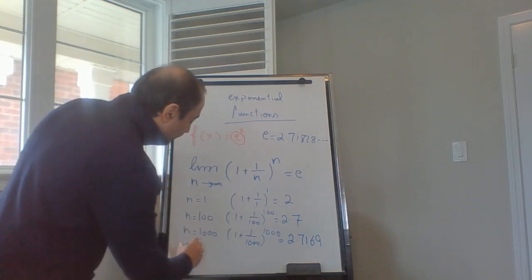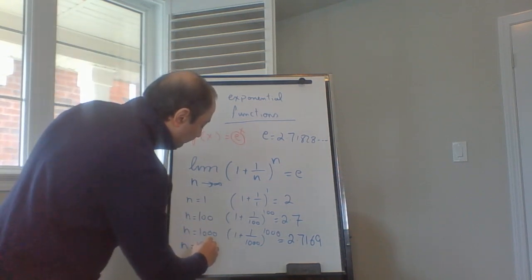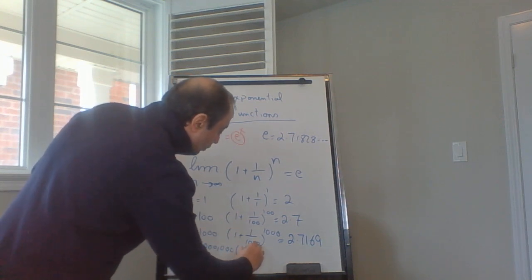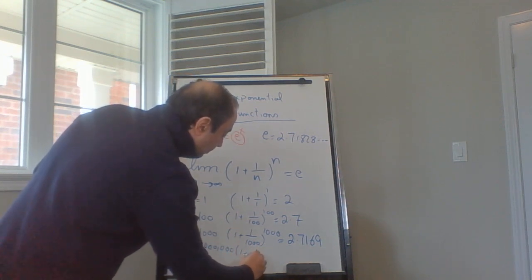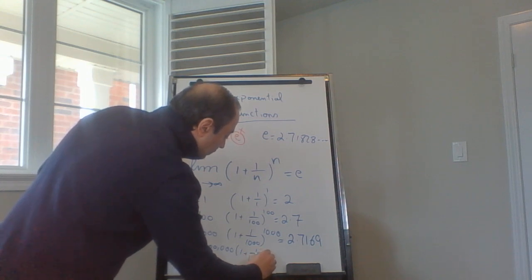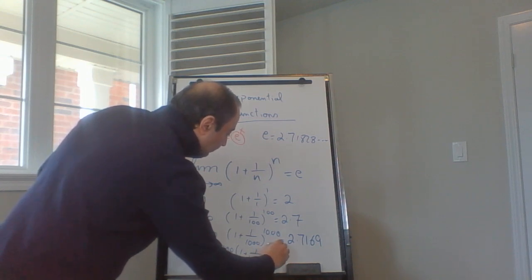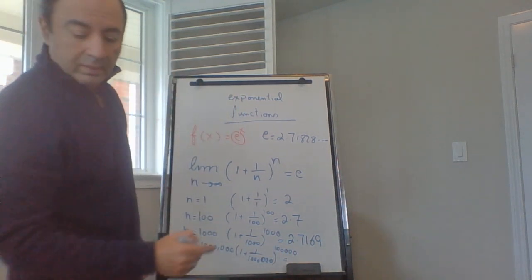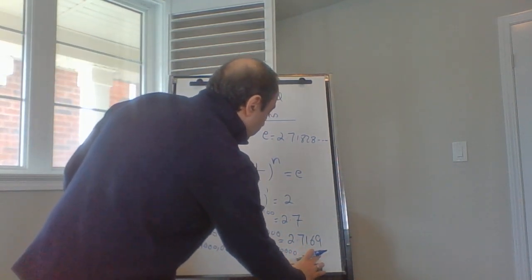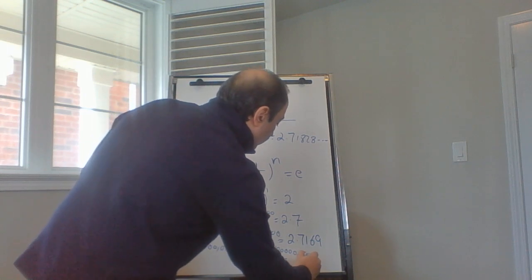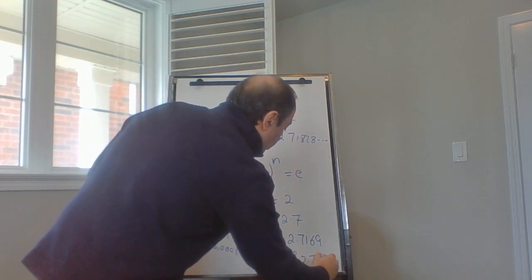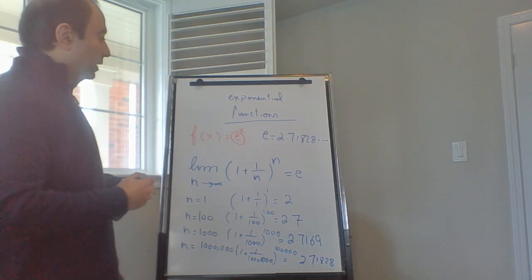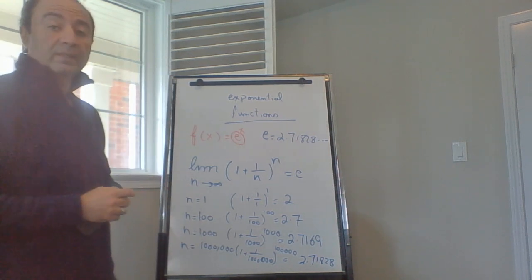So when n is 1 million, 1 plus 1 over 1 million to the power of 1 million will equal 2.71828. So this is the second definition of e using the limit.